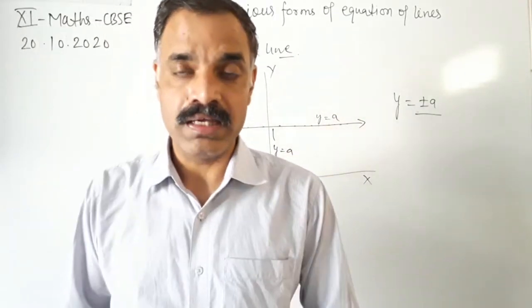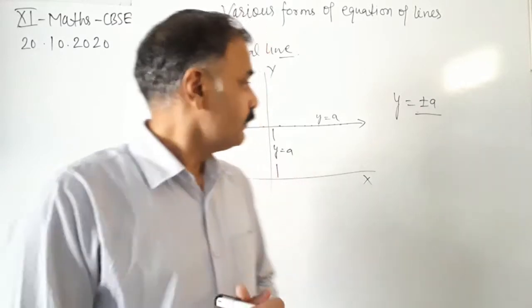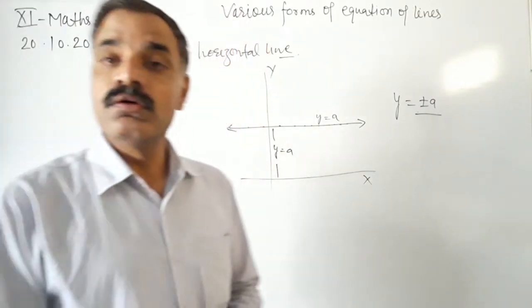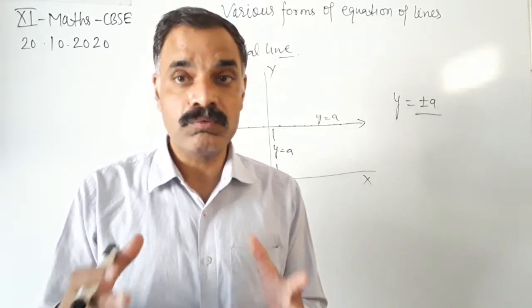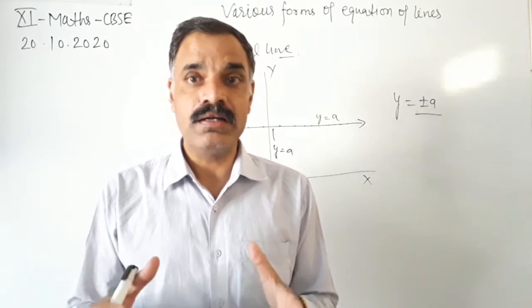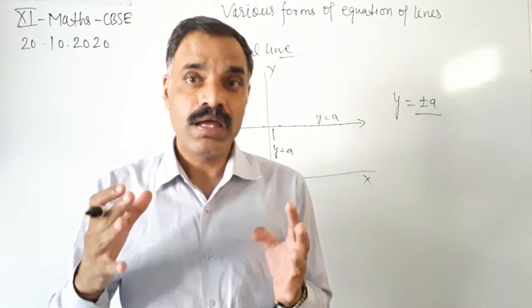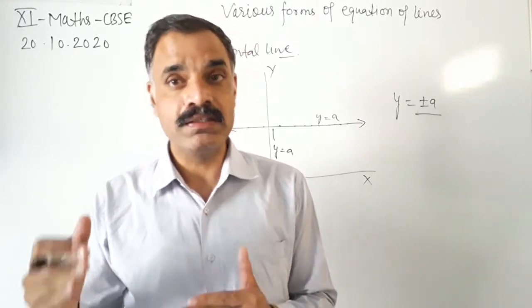Now the vertical line. We know that a vertical line is parallel to the y-axis, and at every point of the vertical line the abscissa is always the same, meaning the x coordinate is always the same.